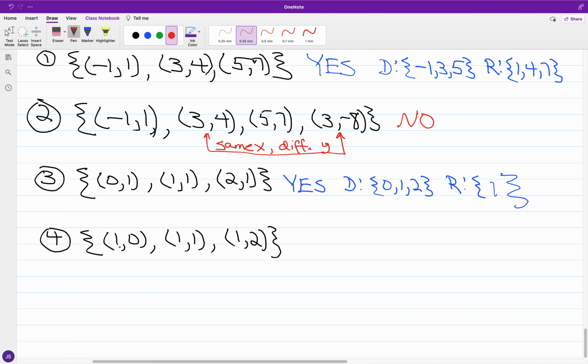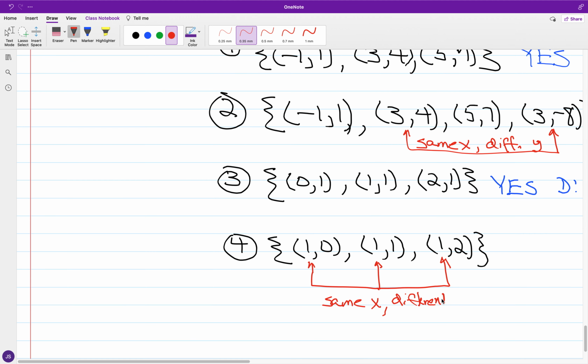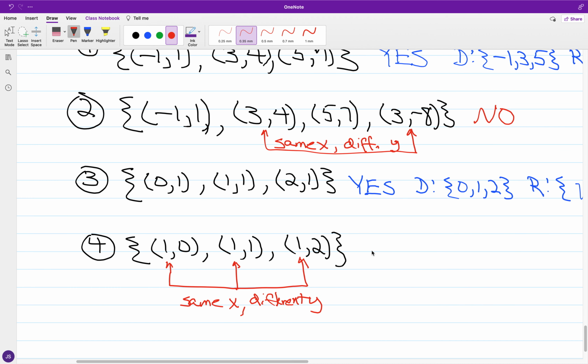And if you notice, you have 1, 0, 1, 1, 1, 2. Guess what? We've got same x and different y values. So we have this last case that is not going to be a function.